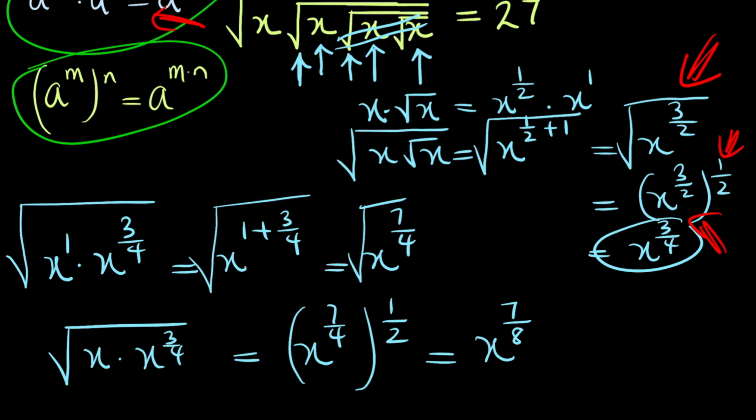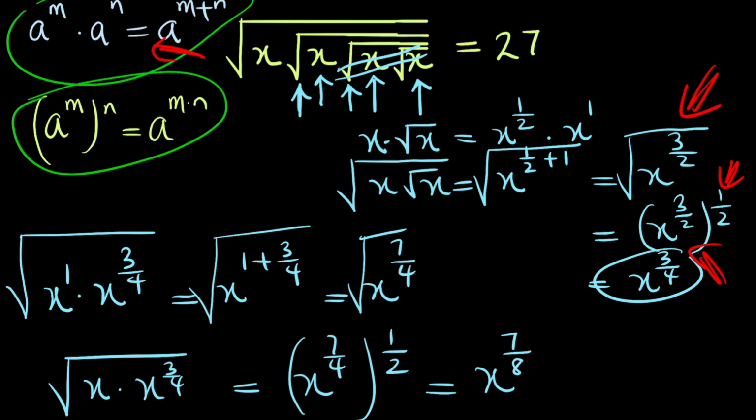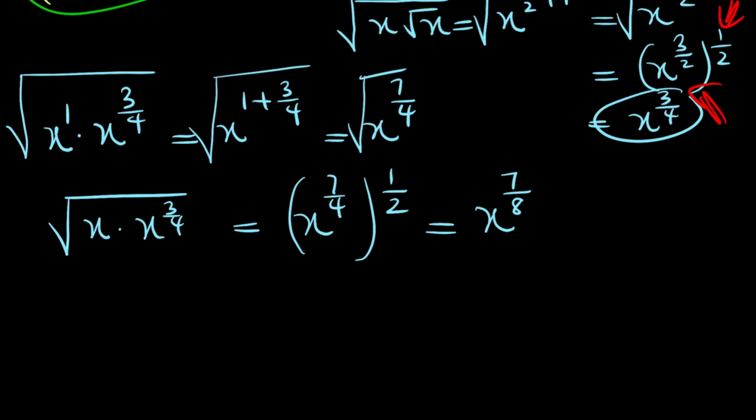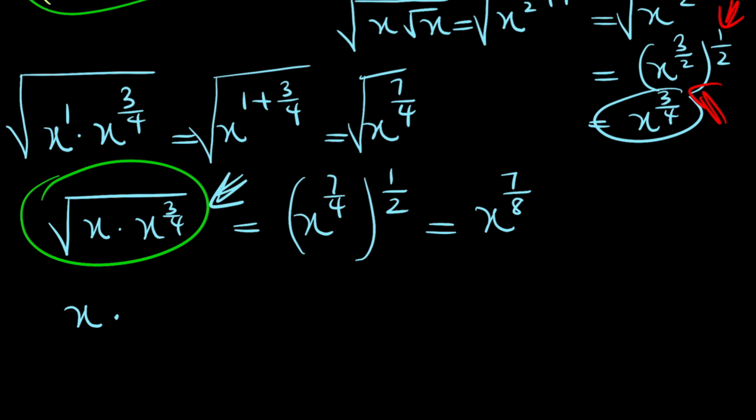Remember where we stopped, which is right here, so we can move on to the next x. So we are multiplying all of this, which is this radical, by x. So we say x times, but remember what we've gotten for this is now this. So we say x times x raised to power 7 over 8.